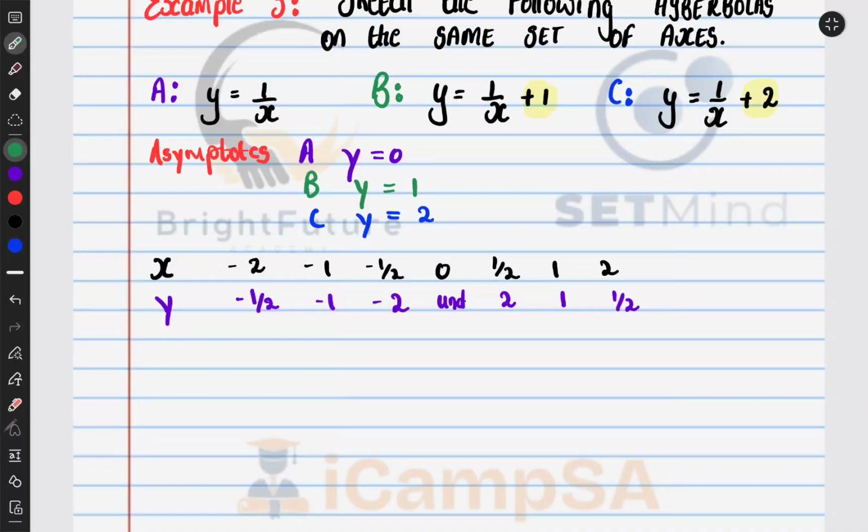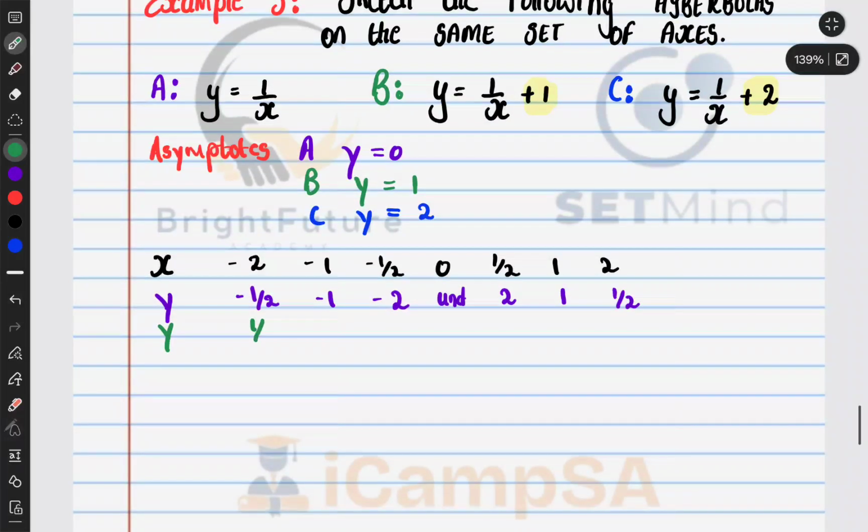Then for b, y is equal to 1 over x plus 1. So it's -half plus 1, that will be positive half. Then -1 plus 1 is 0, and -2 plus 1 is -1.